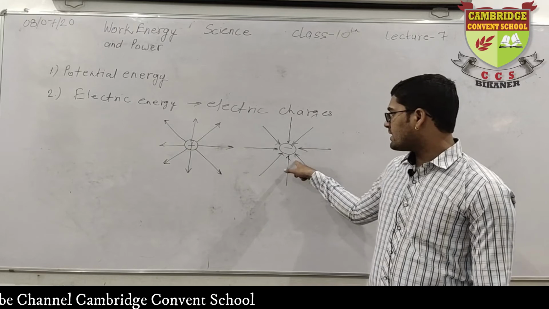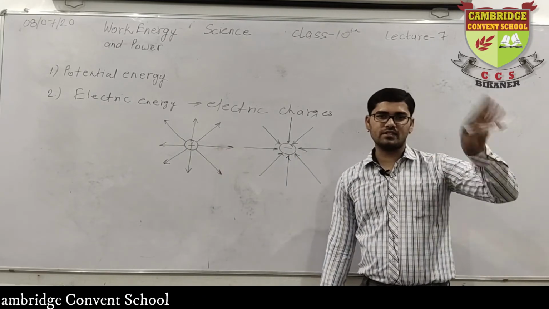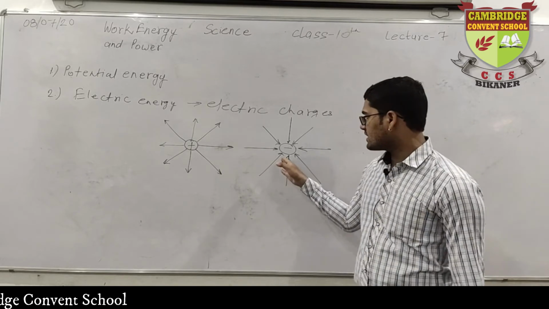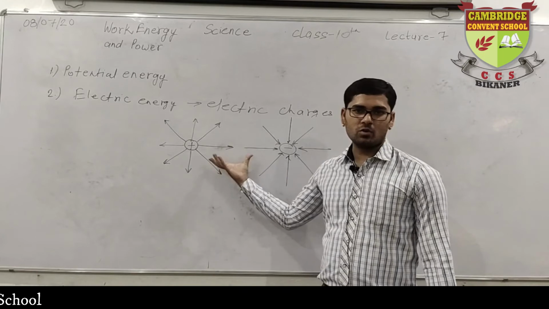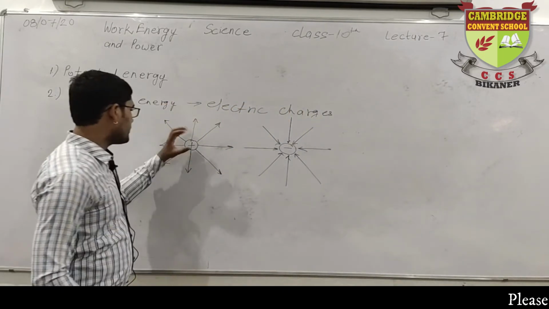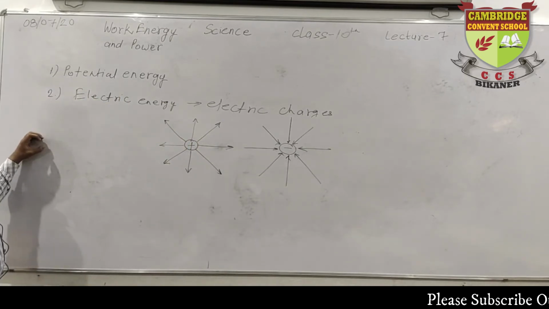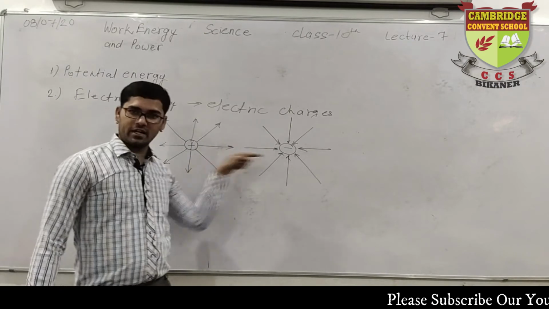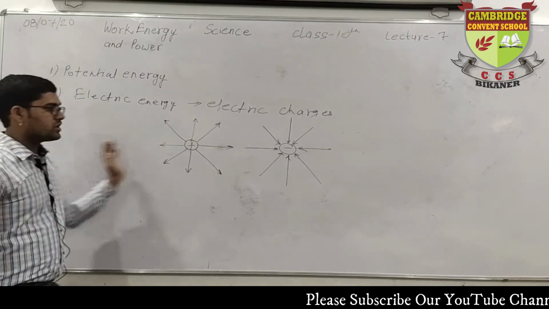It is a fundamental thing that charges can apply force, whether that is attraction or repulsion. Suppose I am taking an example: this is negative and this is a positive charge. Both of them are trying to attract each other. Fine. Now what have I done? I have held this and brought it very far, but it wants to go near the negative charge. I am forcing it away, but it wants to go near it.